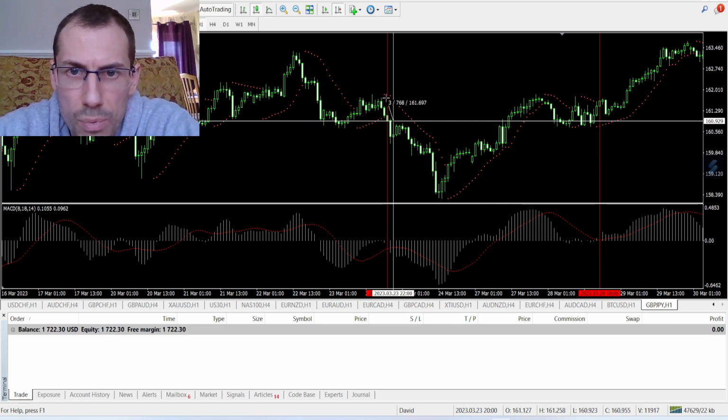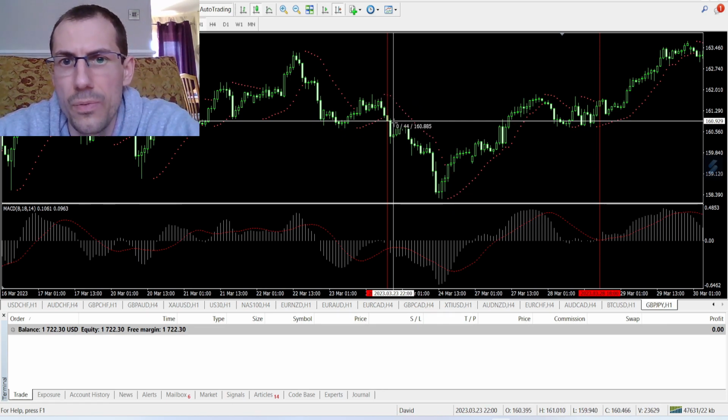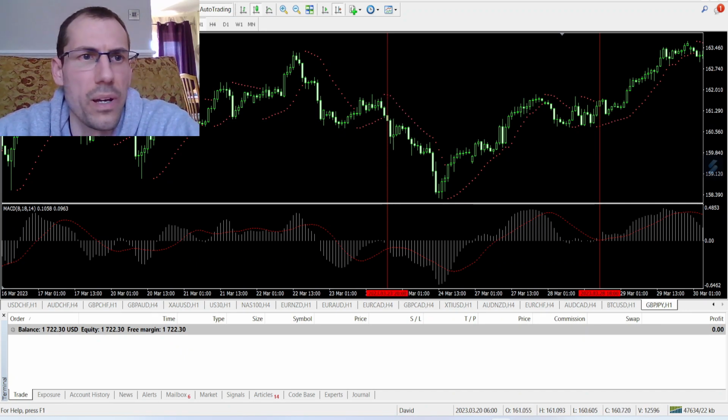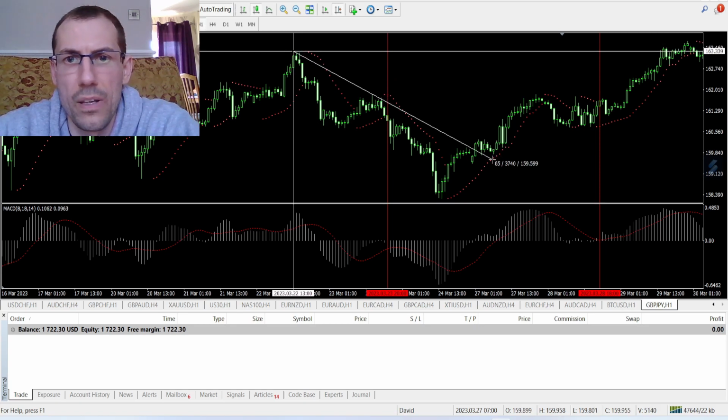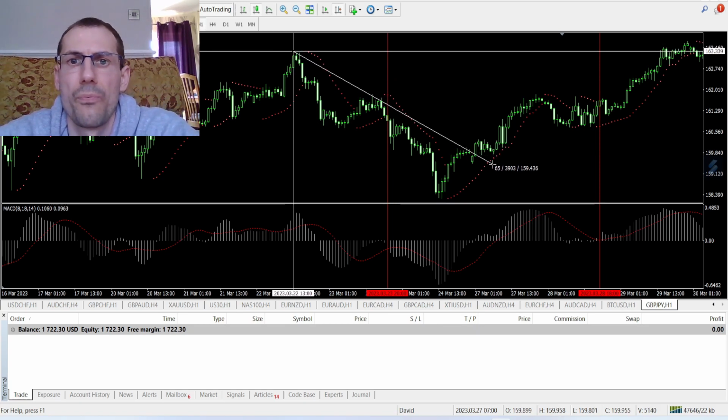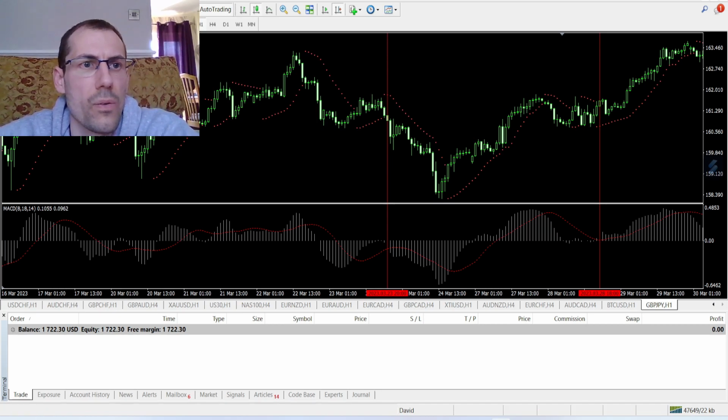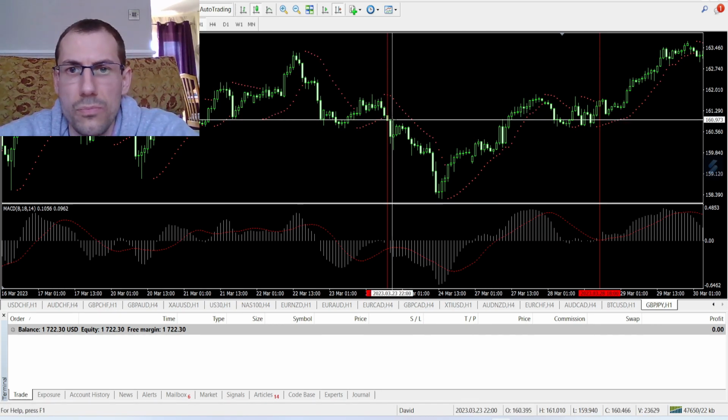Where can you put your stop loss? Behind this trend line? Oh no, behind that trend line, this trend line here. So you'll need again 80 pips.